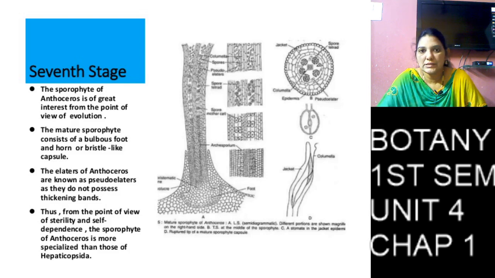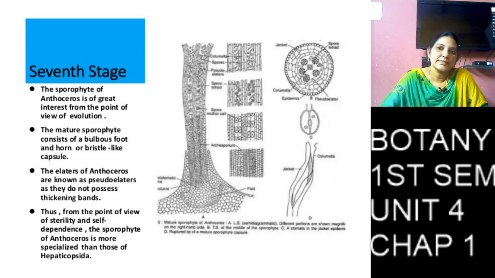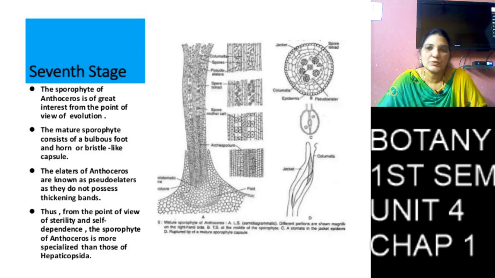Here is another developmental character, the columella. The columella is present in the middle of the capsule, in 16 vertical rows made up of parenchyma tissue, and it gives mechanical support to the sporophyte.